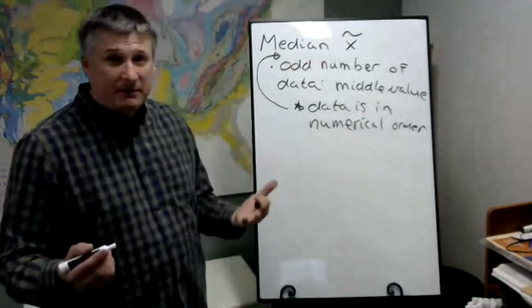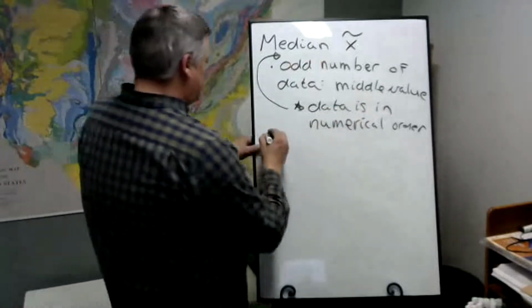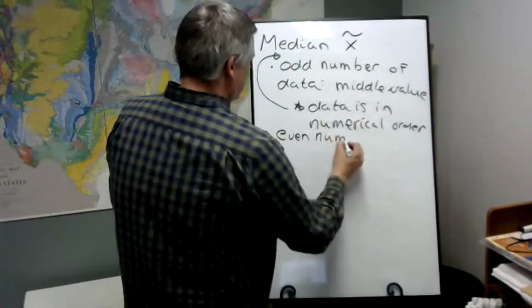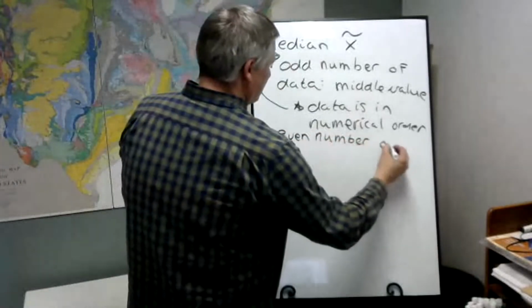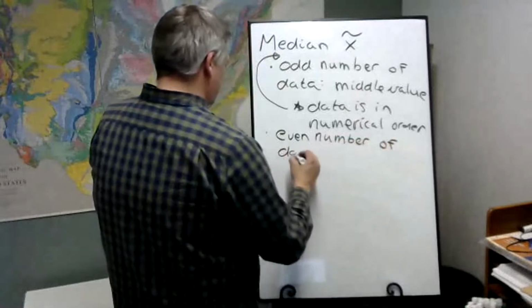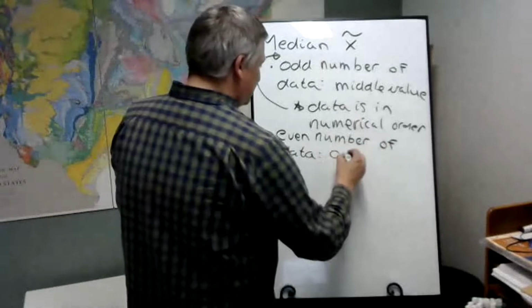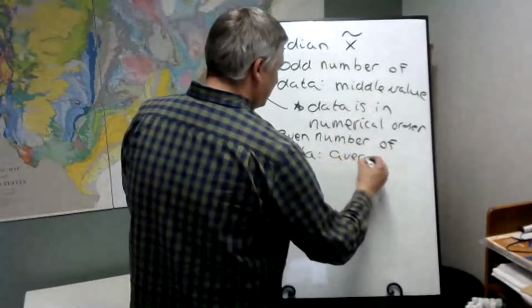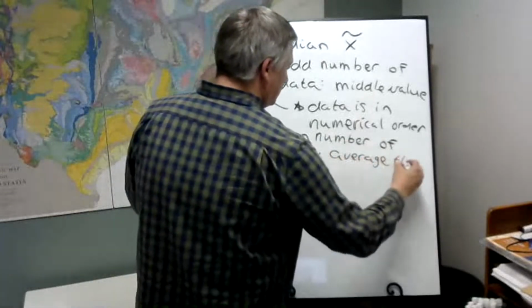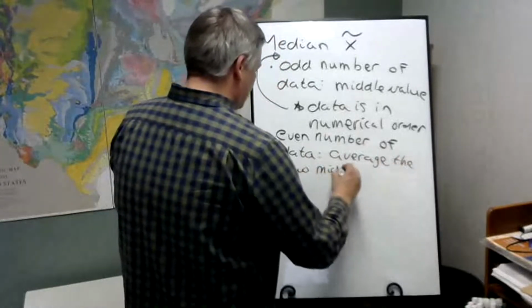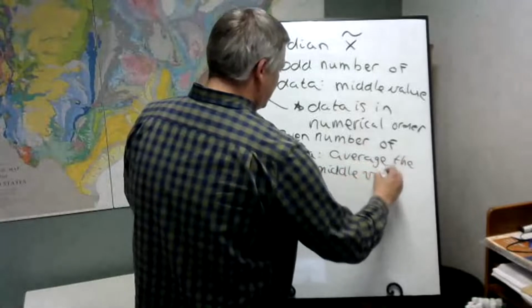Now, if there's an even number, we average the two middle values.